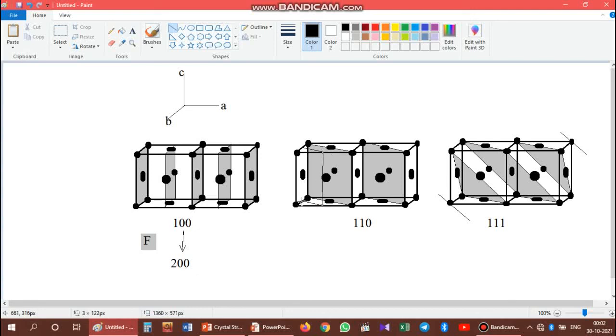So did you understand why I chose this thin line? Otherwise it would have looked so clumsy. This is the edge, this is the middle point of the edge. This is the edge, this is the middle point of the edge. Join them.